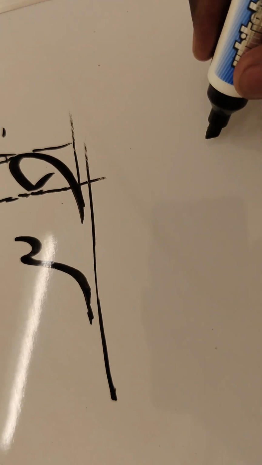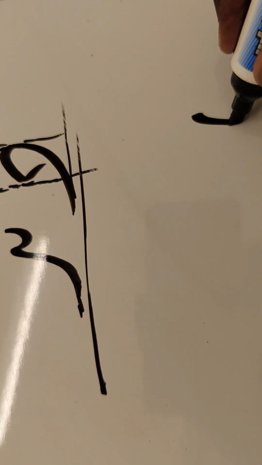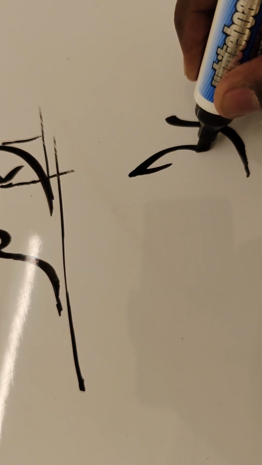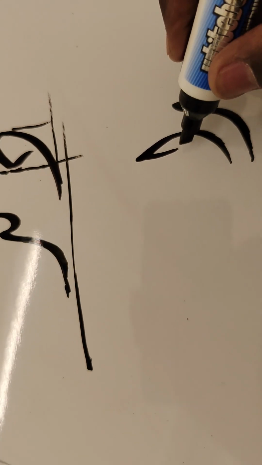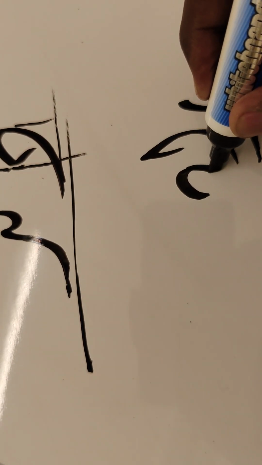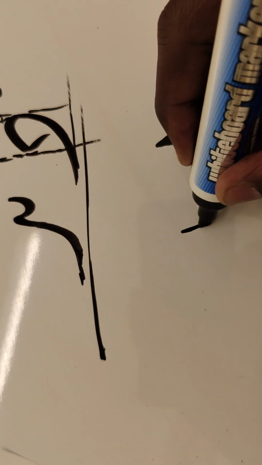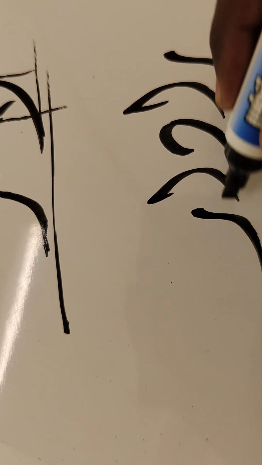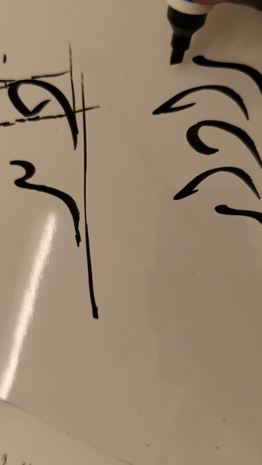So for instance, if I say ra, first we have to write this ra ura dar.